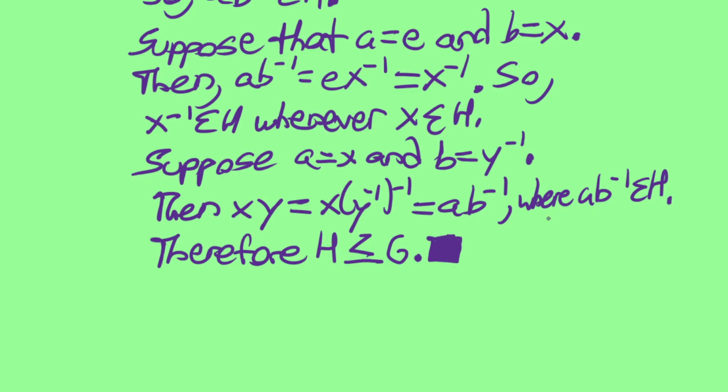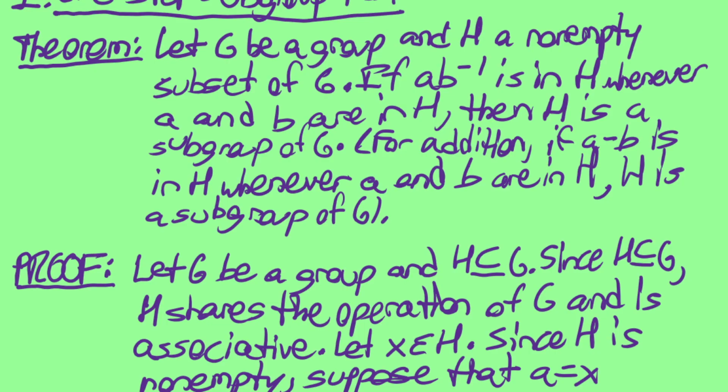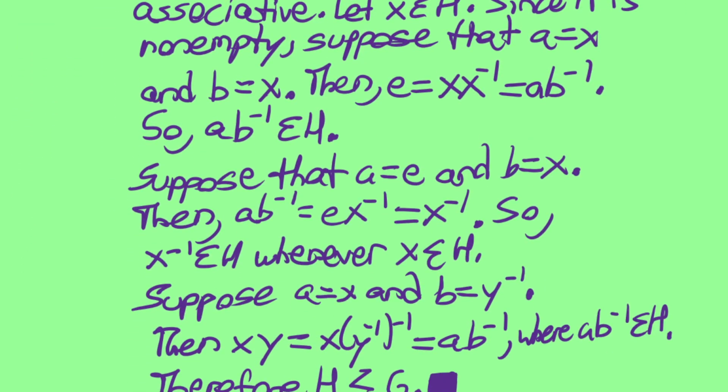So by writing out this proof, we only have to focus for this test on whether the composition of an element and the inverse of another element is in the subset of our group.